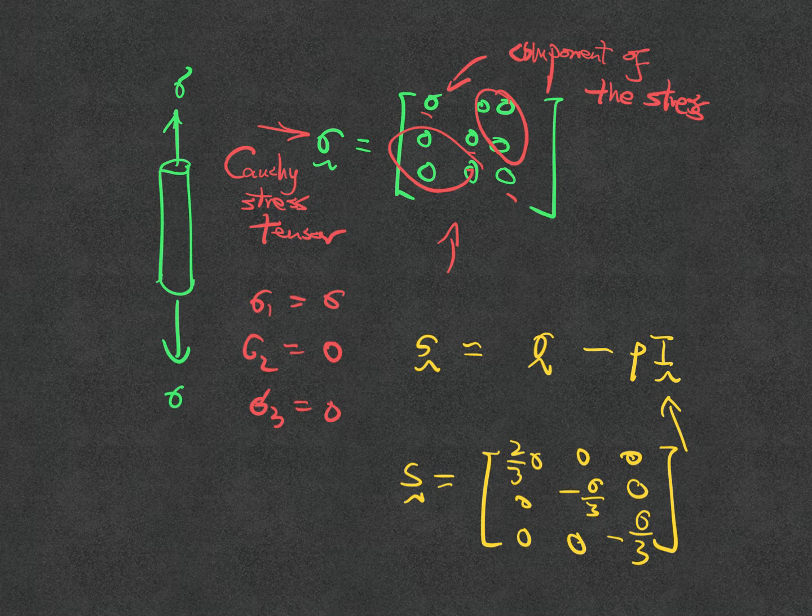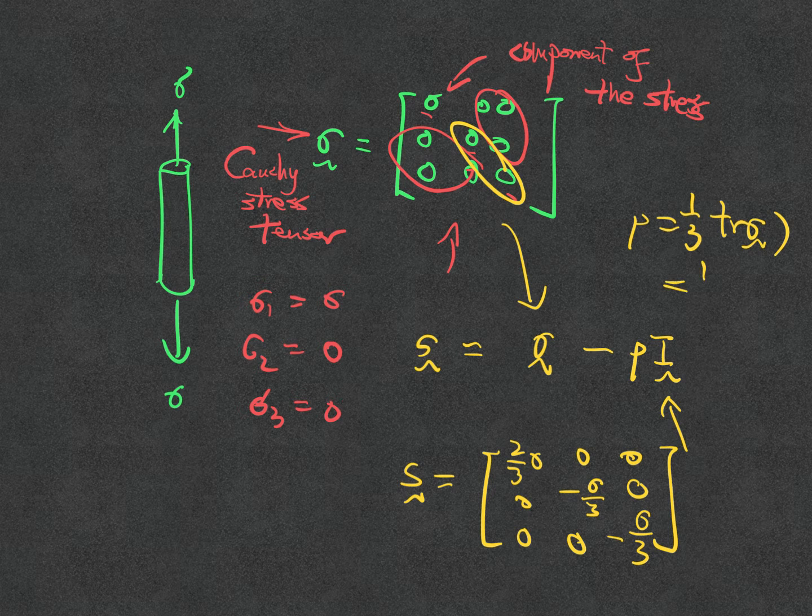Why? Because I substitute this there, and what is P? P is the average of the diagonal stress, right? In this case, these two diagonal terms are 0, so that would be just 1 divided by 3 sigma, right?